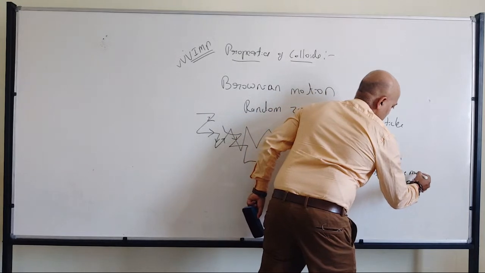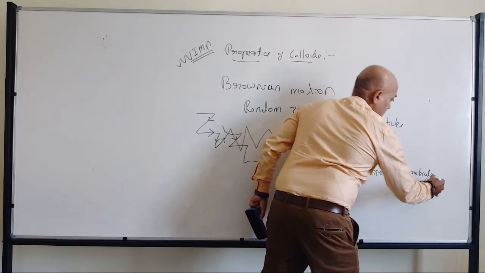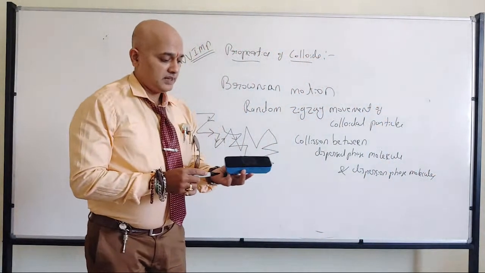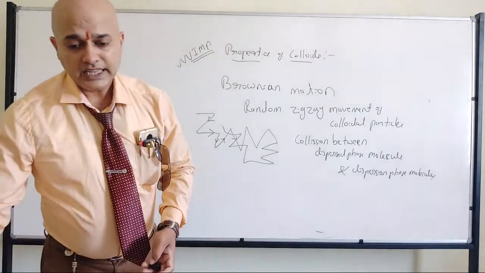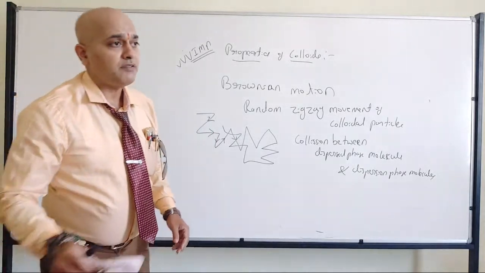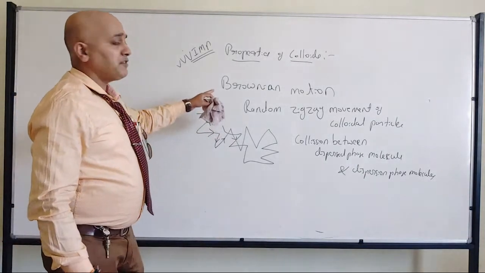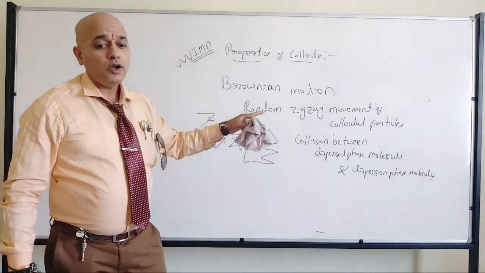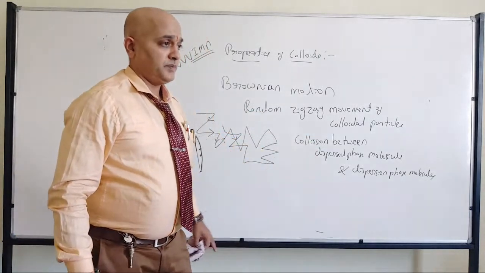Due to this collision, they will be moving randomly in a zigzag motion. All of you have understood? So that is where we have the Brownian movement or Brownian motion.